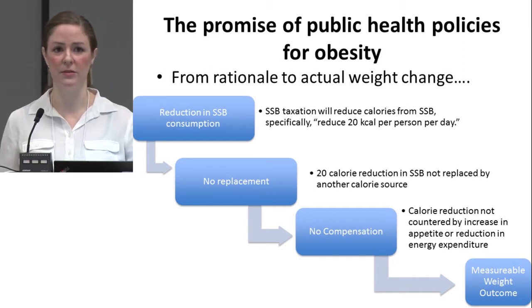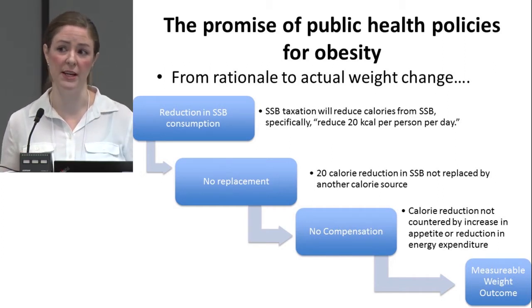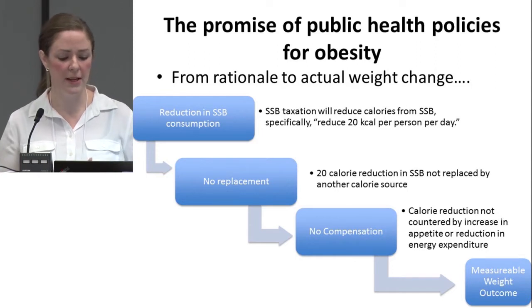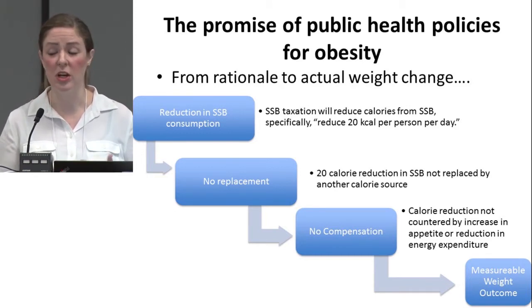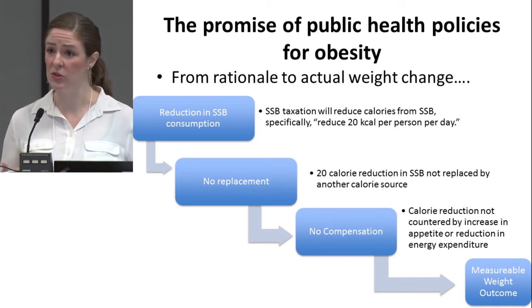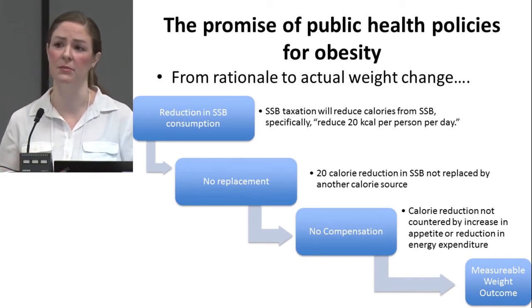Because it has to be a reduction in the overall energy intake to impact body weight. And then we would be assuming that that calorie reduction is then not countered by an increase in appetite or by a change in energy expenditure, so that weight is actually impacted to a significant, clinically meaningful extent.